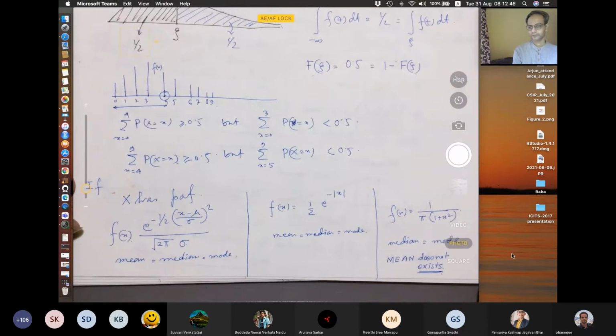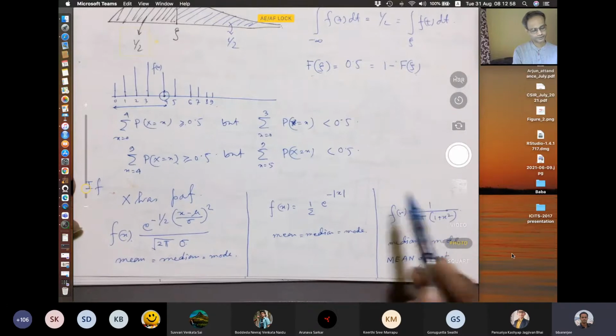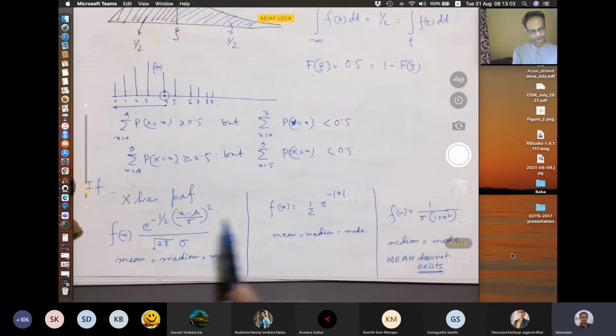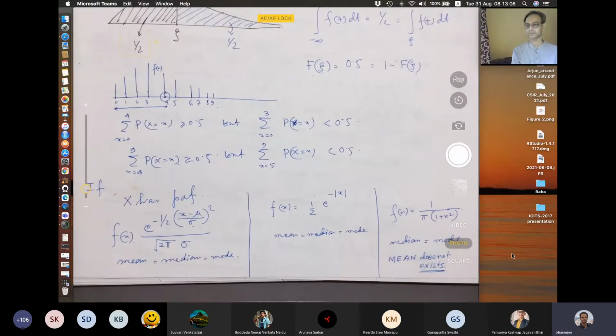I will come across this distribution once again when we study the special distributions. This is known as the Cauchy distribution, this is the Laplace distribution or double exponential, and this is the normal. Anyway, these are a few examples; there could be many.